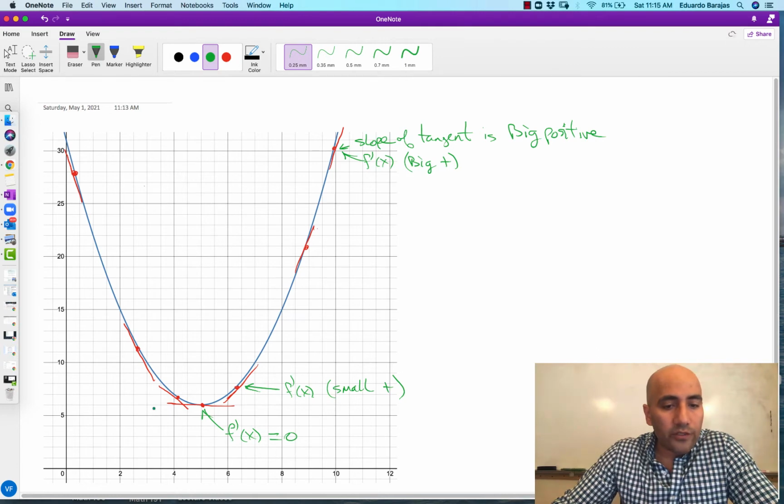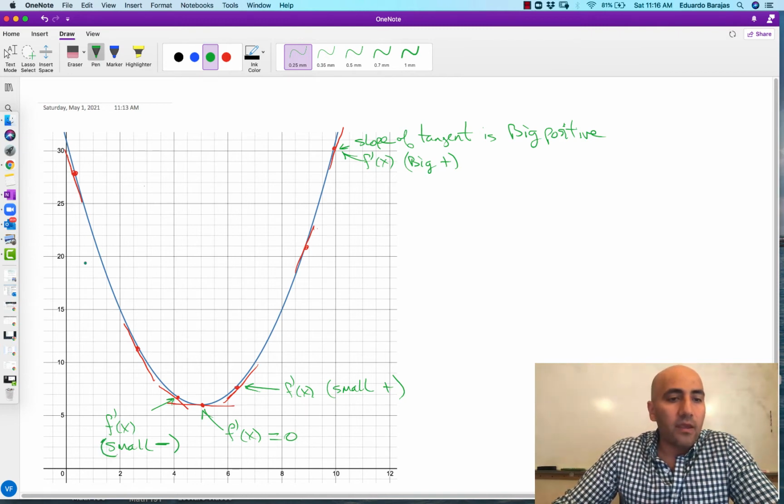Then moving on over to the other side, at this point, we know that f prime of x is going to be a small negative number. That's the notation I'm adopting to represent a small negative number. And then way over here, at this point, the slope, f prime of x, is going to be equal to a big negative number.